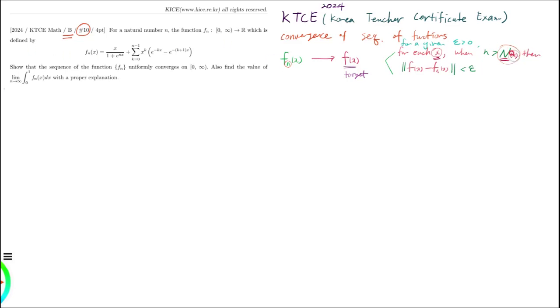This capital N also depends on the epsilon. So capital N is a function of both x and epsilon here. We say this is a pointwise convergence.